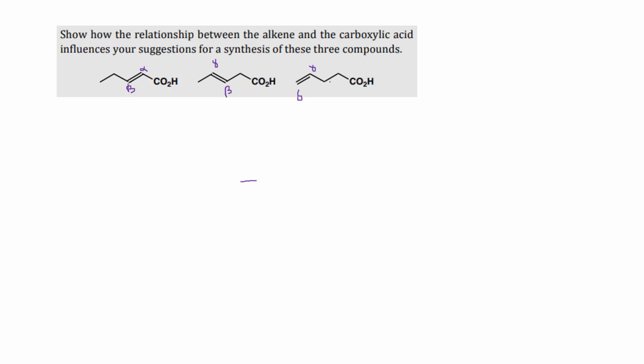So what will be the difference in the synthesis of such compounds? In this case, this alpha beta unsaturated compound can be easily formed through an aldol condensation. Whenever there is an alpha beta unsaturated ester or acid, it can be synthesized easily through aldol condensation.